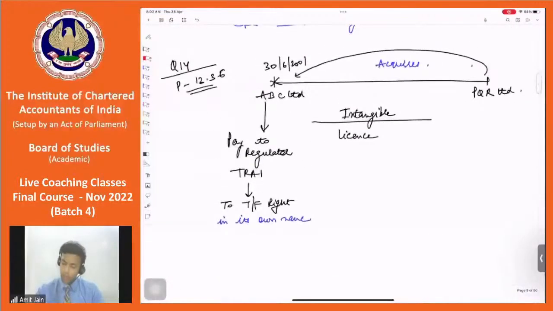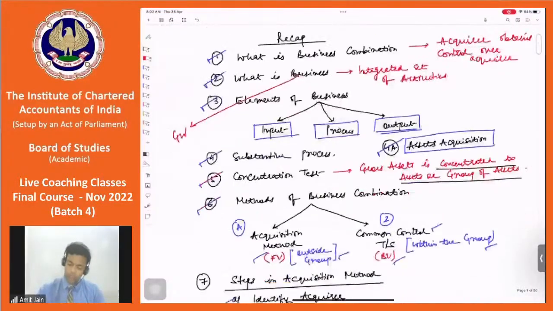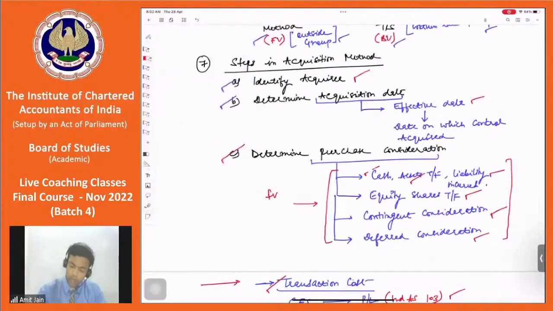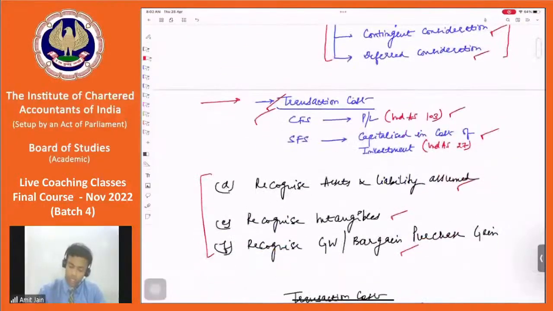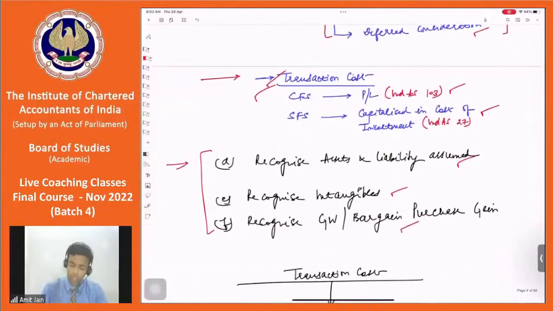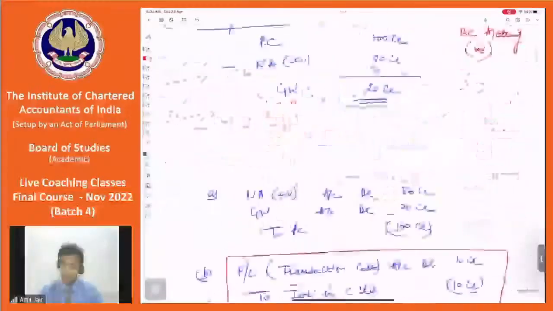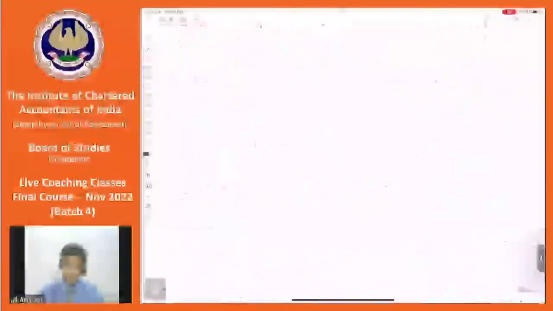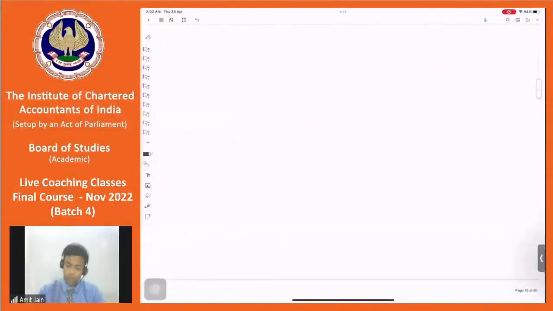So what we have discussed, guys: we have discussed the acquirer, the acquisition date, the purchase consideration, and the transaction cost. Now we need to discuss step number 4, recognize all assets and liabilities assumed. Very comprehensive step.